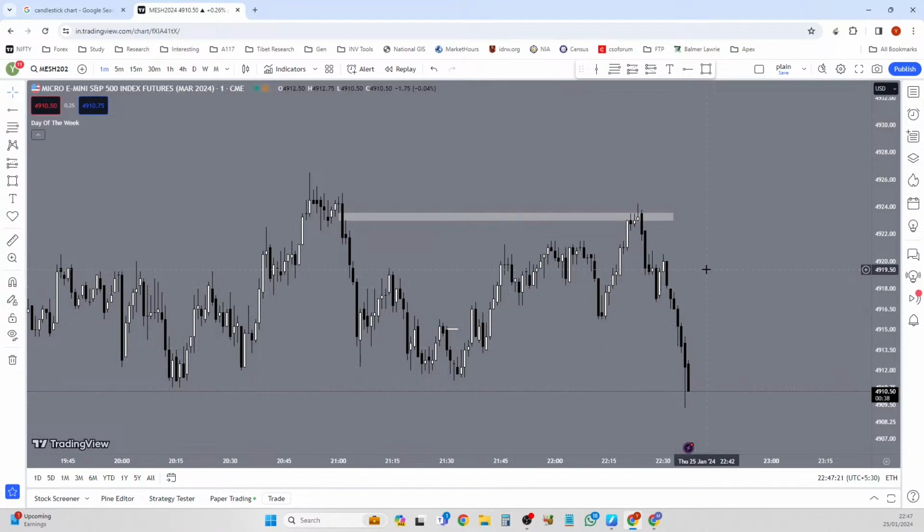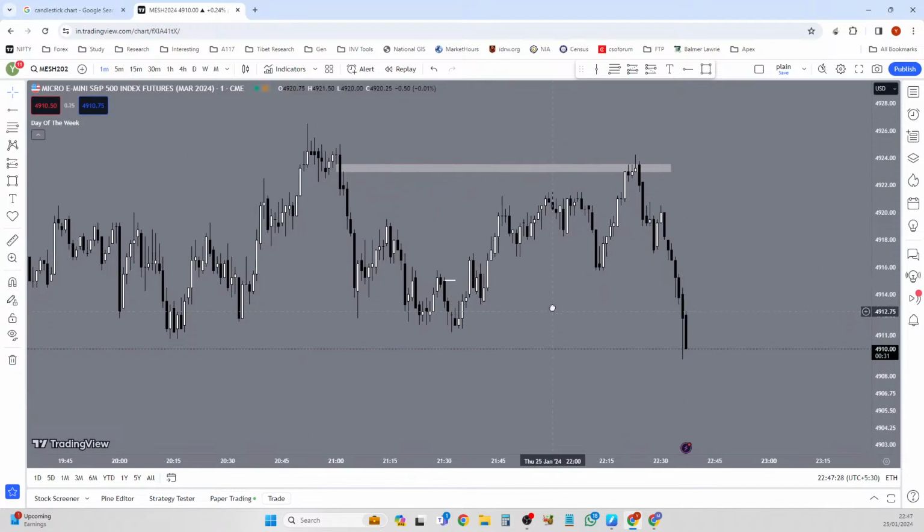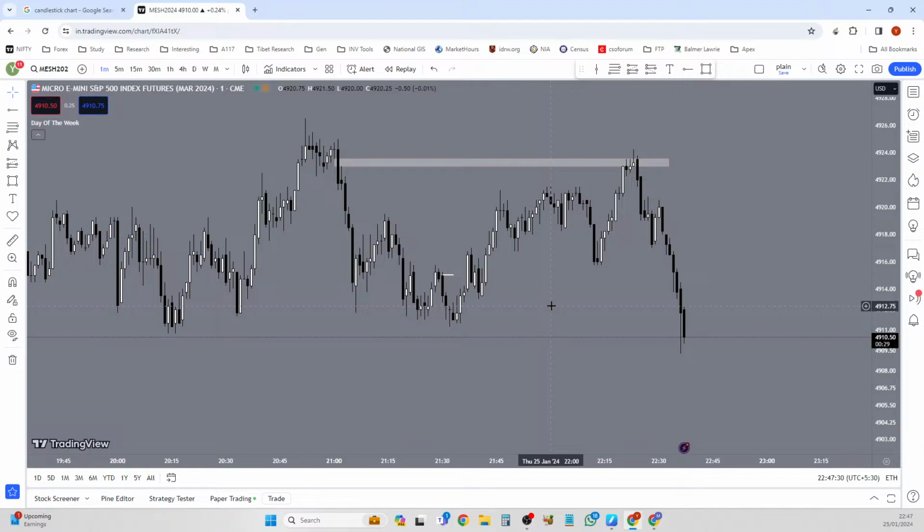So that's about 9 points. 9 points or nine handles is basically equivalent to close to $500 using one E-mini or a standard lot. So if I had sold over here and covered it at this low, I would have made about $500 in this move. So that's the efficacy of these charts.